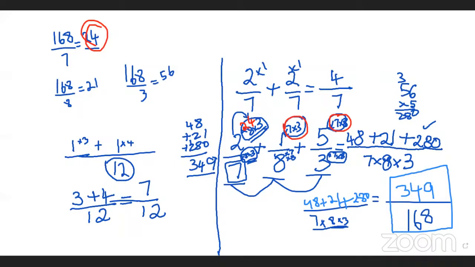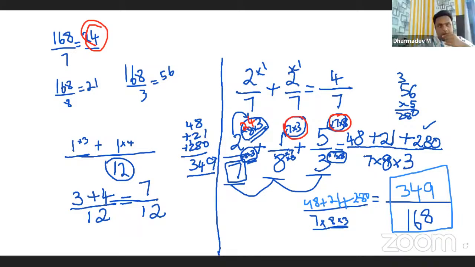Can you? Okay. Does that get divided by any other tables? Okay, can you hear me now? Okay. 349.